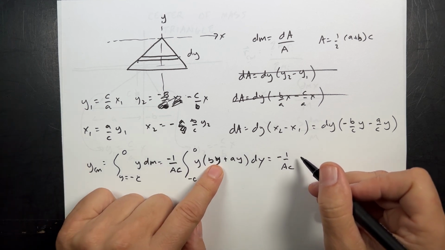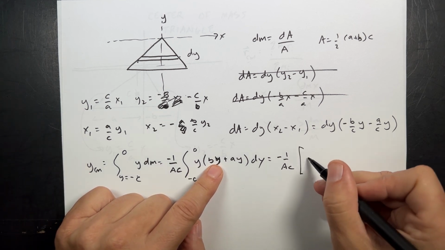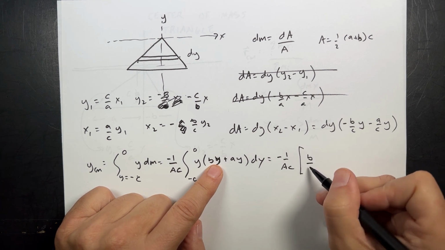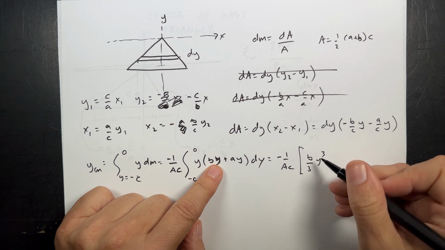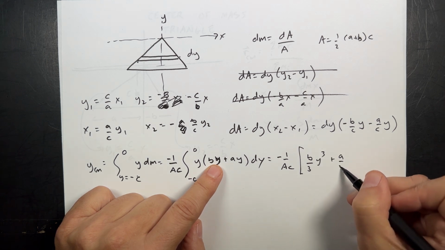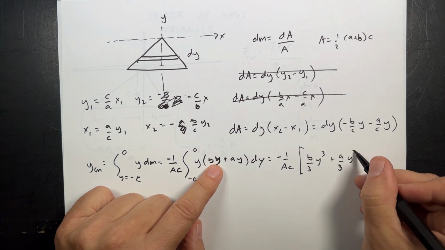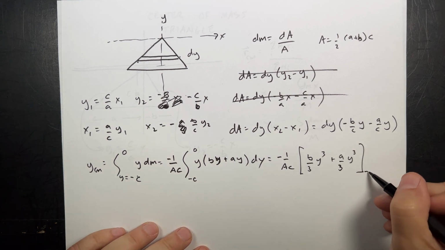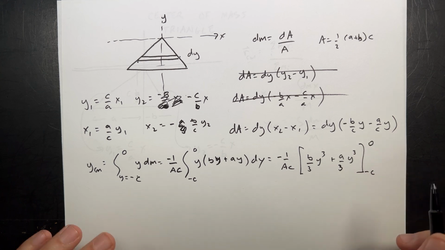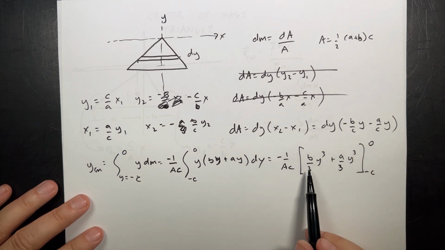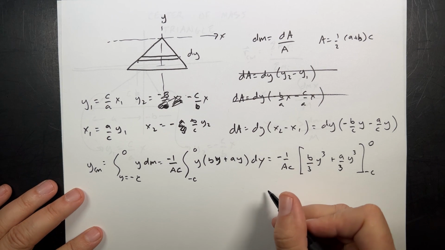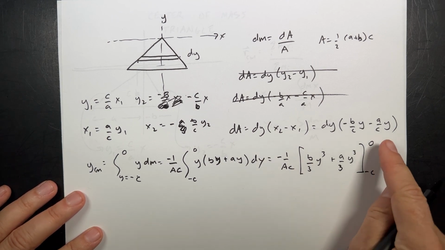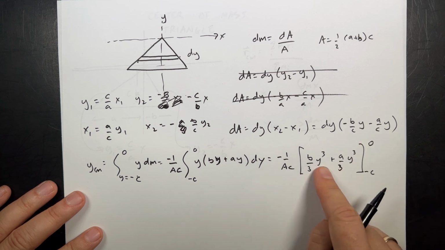Now I have by squared. If I'm going to integrate that, I get b over 3 y cubed plus a over 3 y cubed from negative c to 0. Now let's evaluate that at the limits. And so you see here that I have nice limits because one of them is 0, and that makes it much easier.